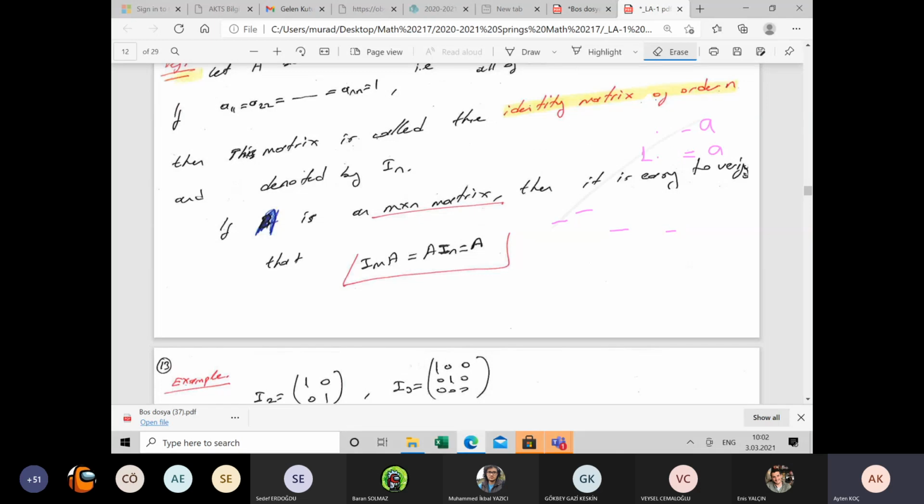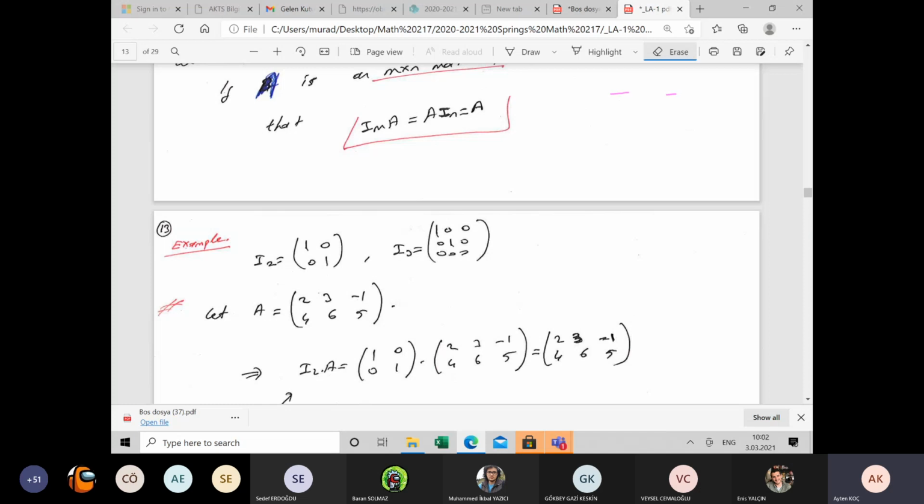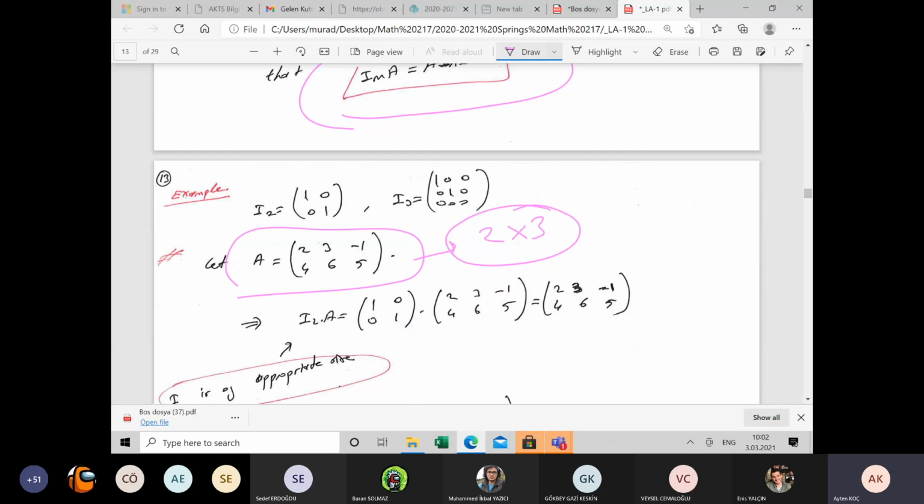Now, first of all, for example, to see this, take the matrix A. A is a 2 by 3 matrix. So the identity matrix on this side should be order 2.